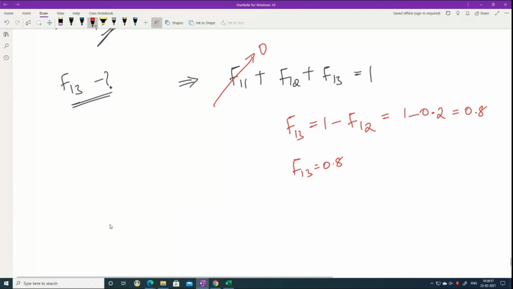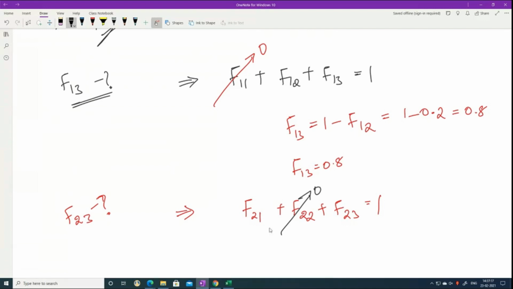Similarly, you need F23 also. How do you get it? For the same thing, you will use the same concept: F21 plus F22 plus F23 is equal to 1. In this, F22 will be equal to 0 because 2 is a flat plate.